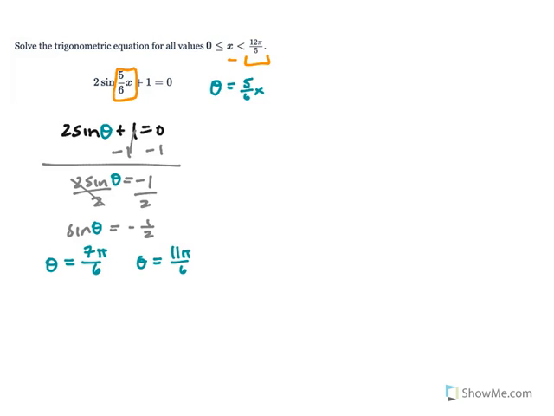And you can think about it in regards to how Delta Math does, where it says sine is going to be negative in quadrants 3 and 4, and the reference angle when sine equals 1/2 is pi over 6. So in quadrants 3 and 4, that gives 7 pi over 6 and 11 pi over 6.